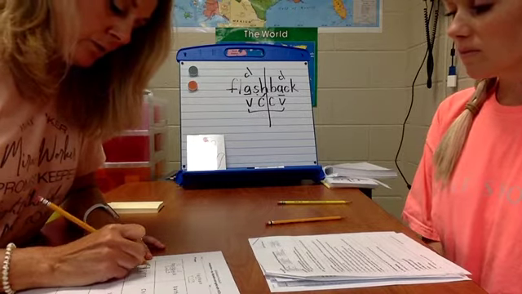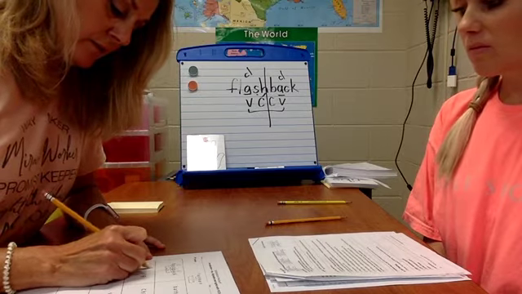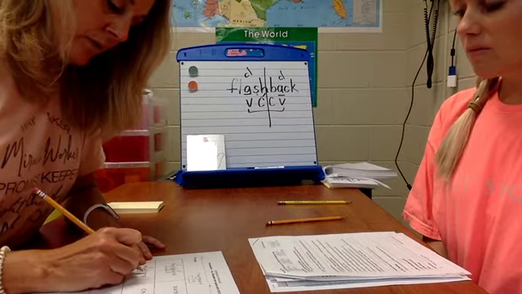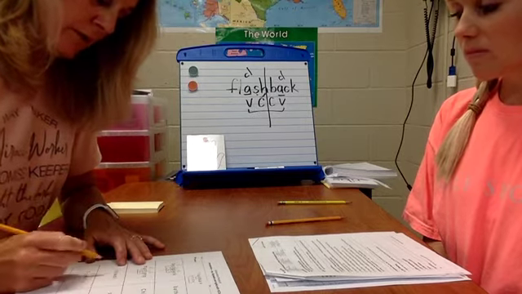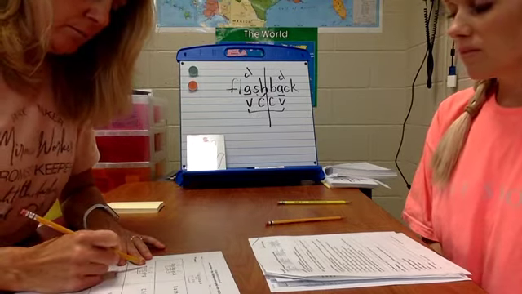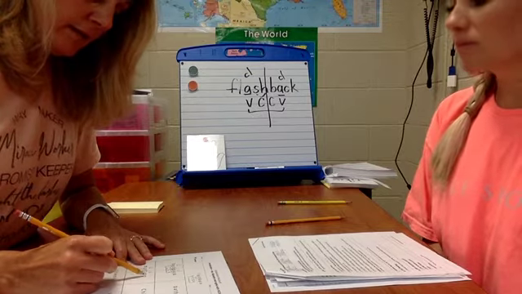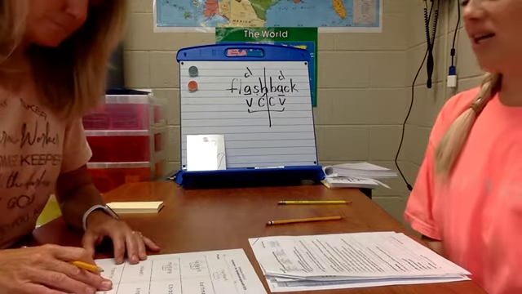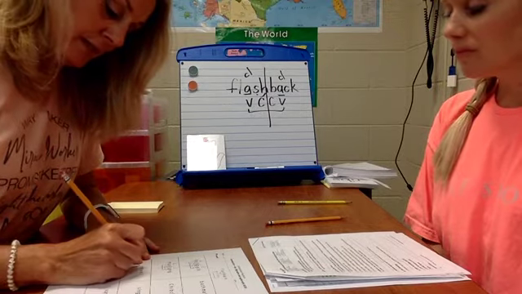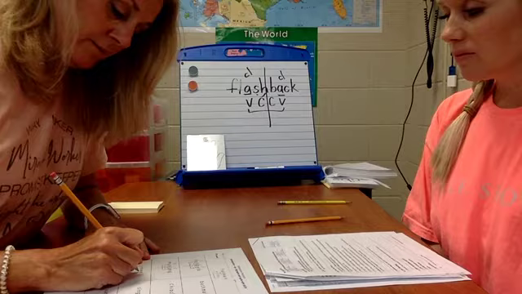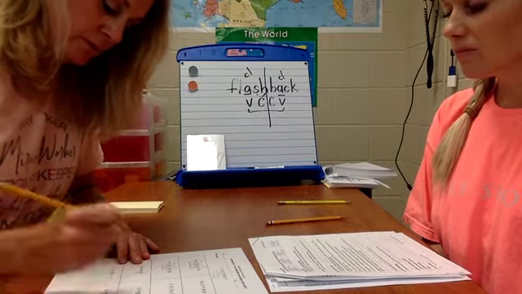I have vowel U between consonants, and that is a closed vowel. I have vowel A followed by a consonant, so I'm going to mark that vowel as closed. Mustang. Very good.